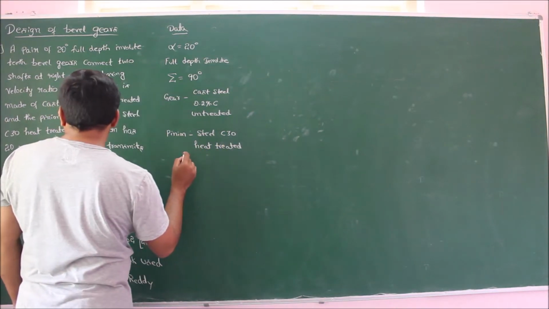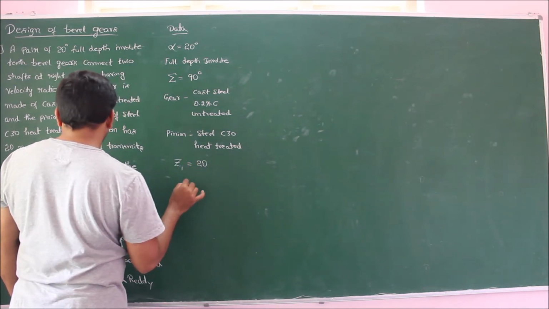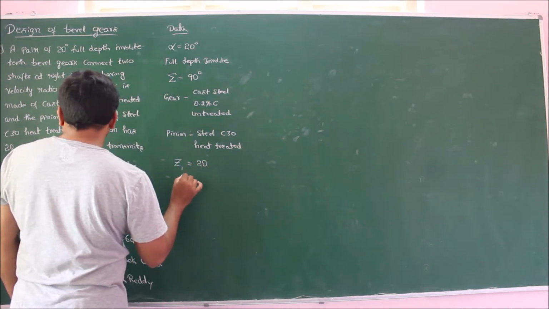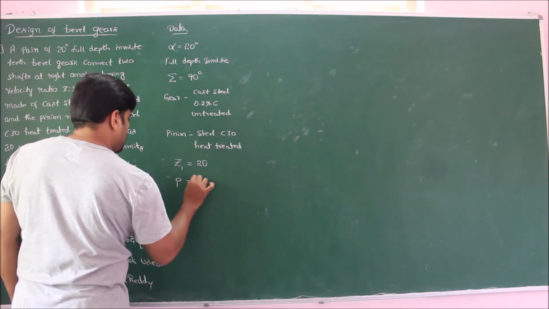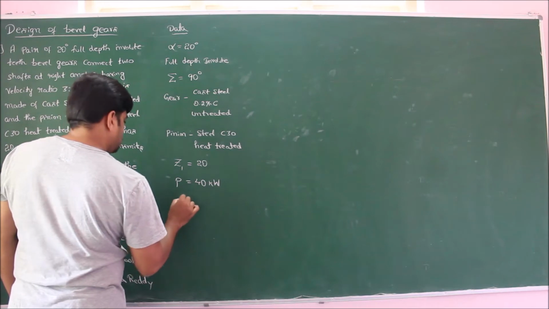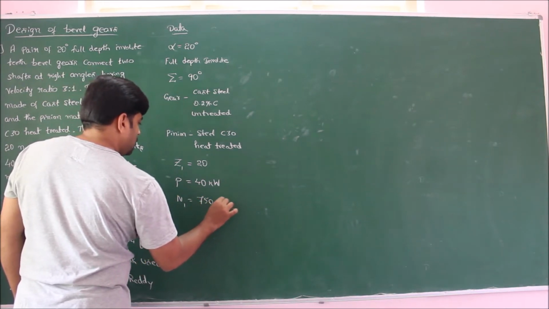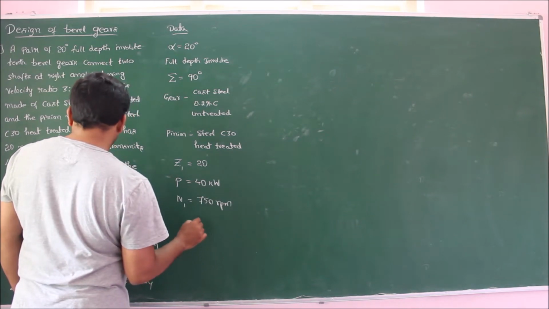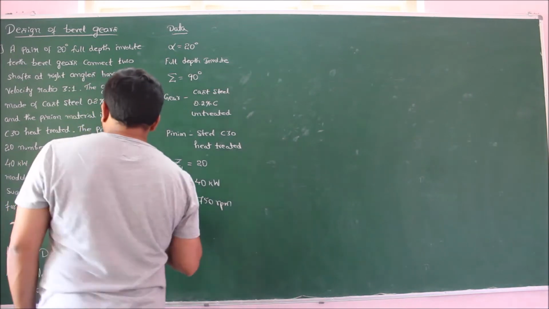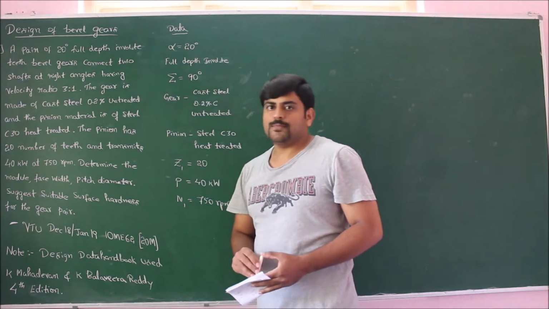The pinion has 20 teeth, so Z1 is given, which is 20, and it transmits a power P of 40 kilowatts. The speed N1 is given, which is 750 rpm. Determine the module, face width, and pitch diameter, and suggest the suitable surface hardness for the gear pair.